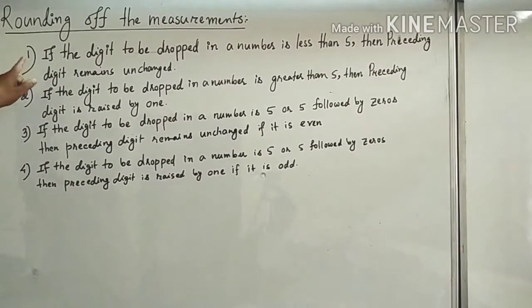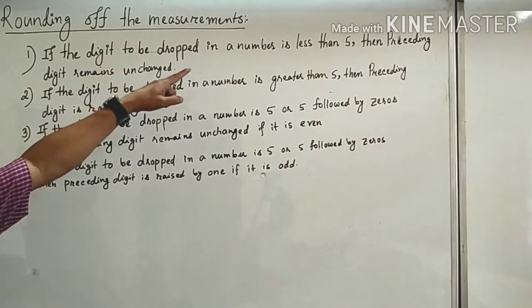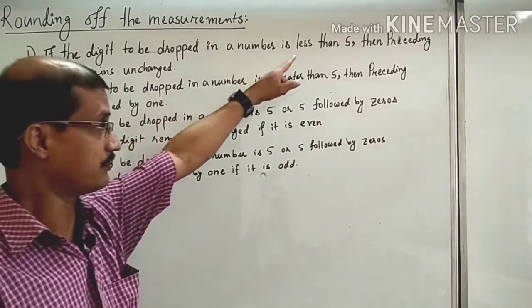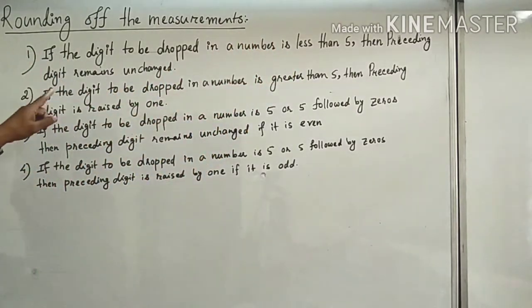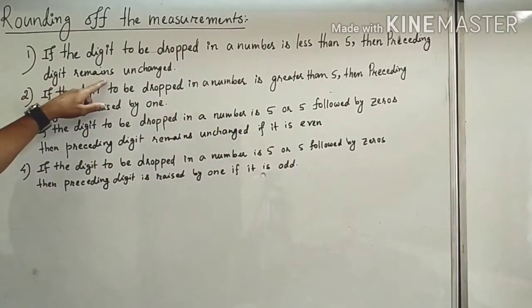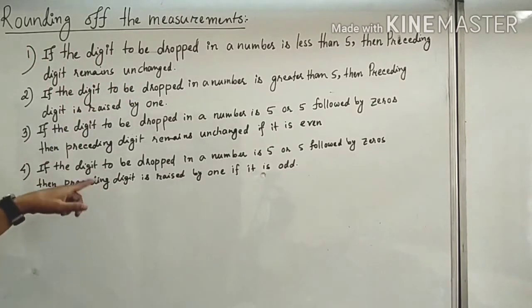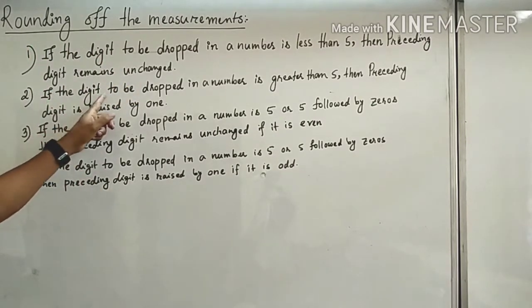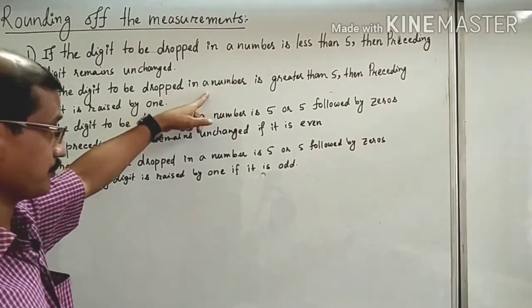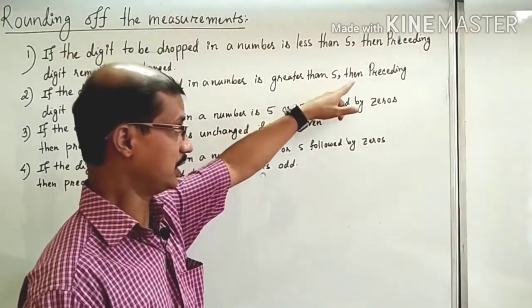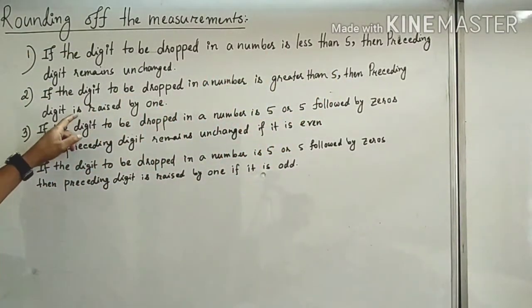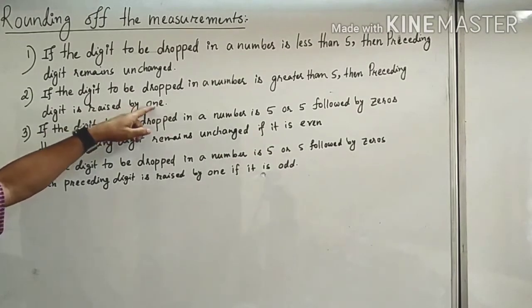The first rule is if the digit to be dropped in a number is less than 5, then the preceding digit remains unchanged. Second one is if the digit to be dropped in a number is greater than 5, then the preceding digit is raised by 1.